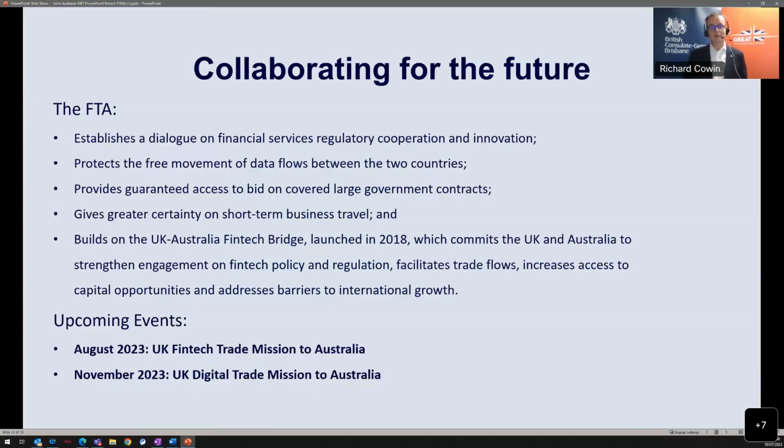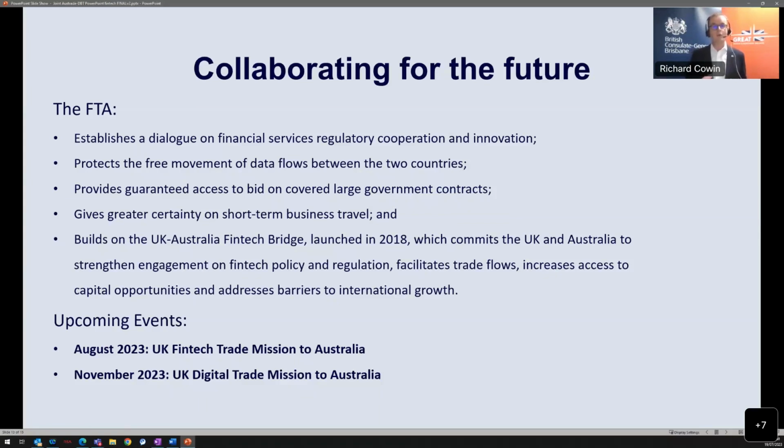The free trade agreement has built upon a fantastic relationship and locks us into dialogue and regulatory cooperation for the future. And that strategic stability for the future is another thing that makes Australia a really good market for you.